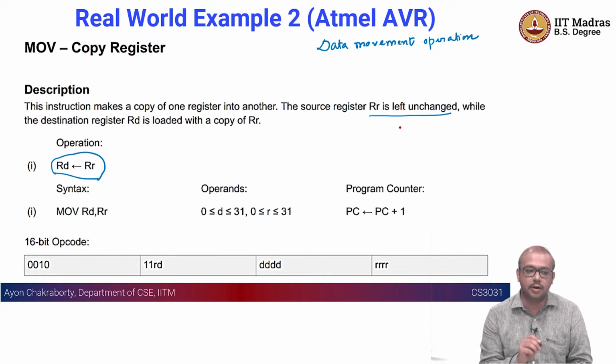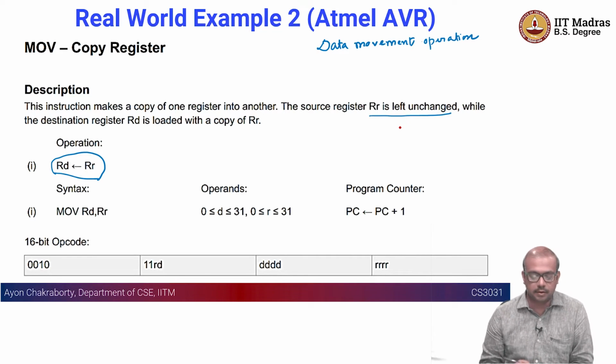This is hardware, it's not like a mathematical assignment where you think that if x is taking the value of y, y is not affected. That's not that, right? This is implemented in hardware, and a certain microarchitecture might have an implementation that leaves it changed. Okay, so that's just a note.